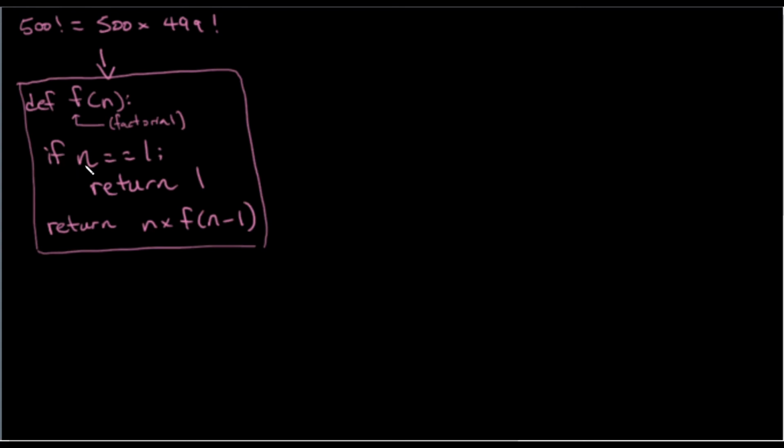Because if this line runs, if we return 1, then this line will never get run. But if this line doesn't run, if we don't return 1, then only this line will run. So you can think of this as an else statement. In other words, either this will run or this will run, never both.